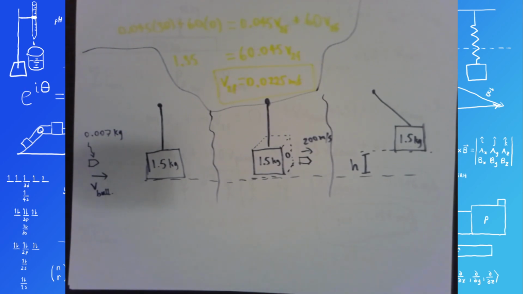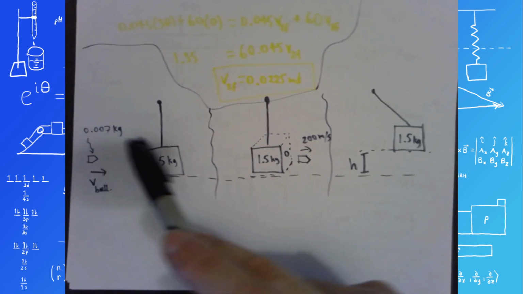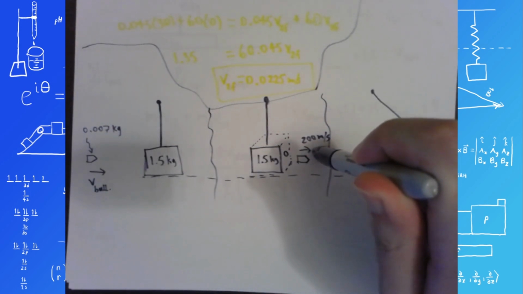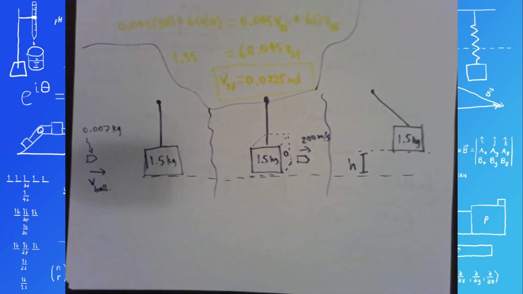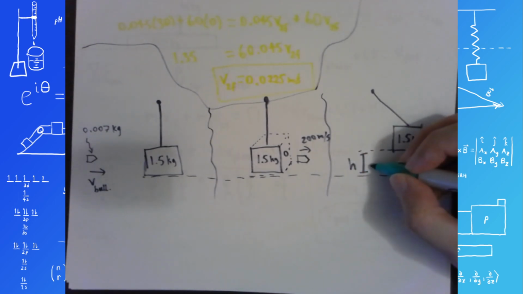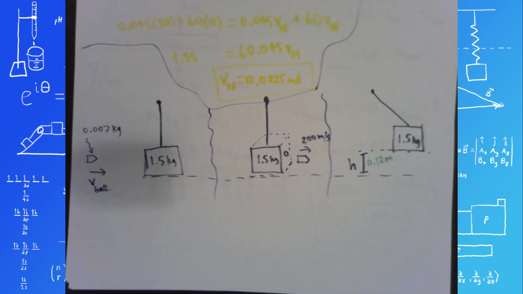Okay, we already have that data, and that, and that. And the block rises to a maximum height of 12 centimeters. I'm going to rewrite that as 0.12 meters. And yeah, find the initial speed of the bullet.